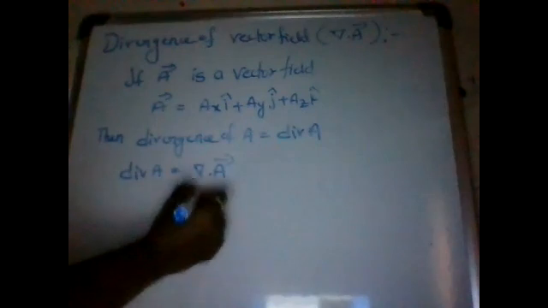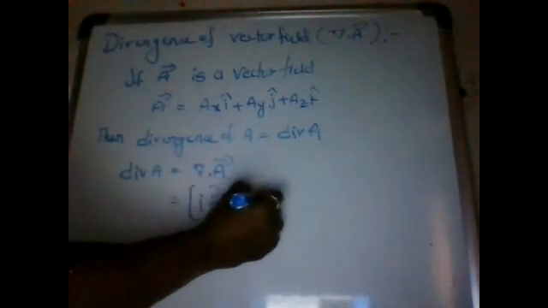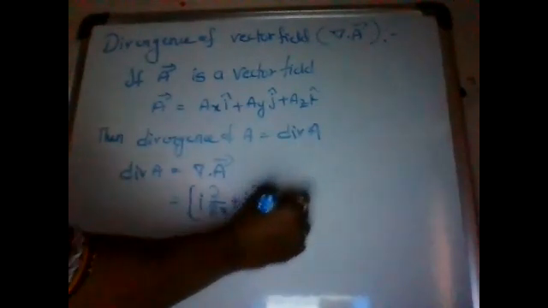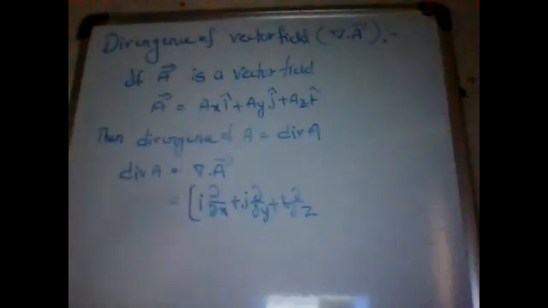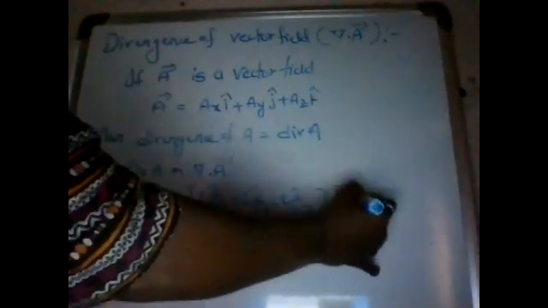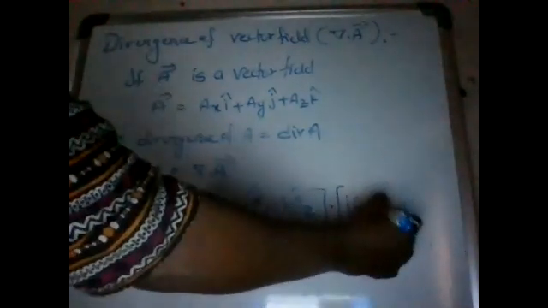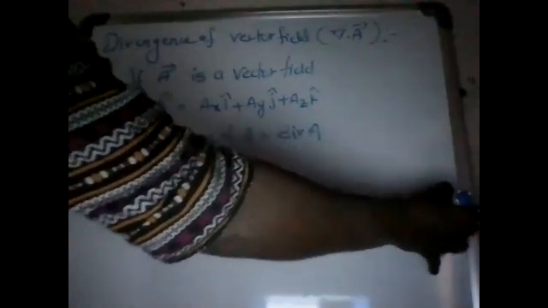Only the del operator. Dot A bar means i into A suffix x plus j into A suffix y plus k into A suffix z.